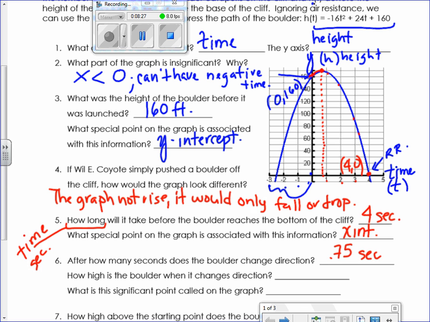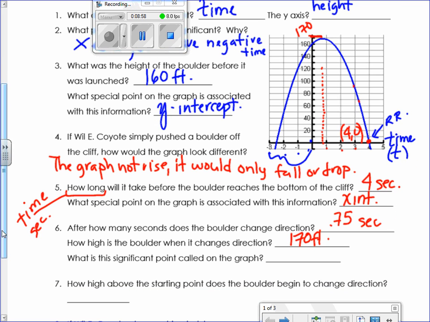Well, when it reaches its highest point, that would be right here, but I want to go over. Height is along the y-axis, and it looks like we're counting by tens, so that would be 170 feet. So it changes direction at 170 feet. I wrote 175. I meant to write 170. Okay?